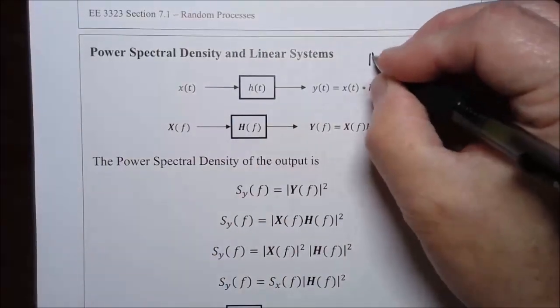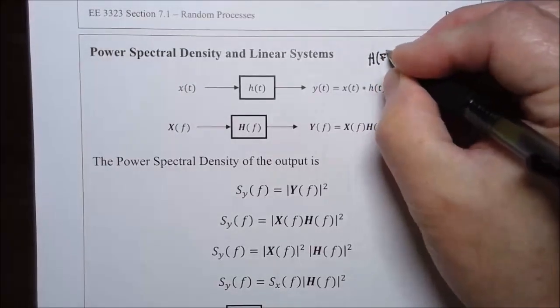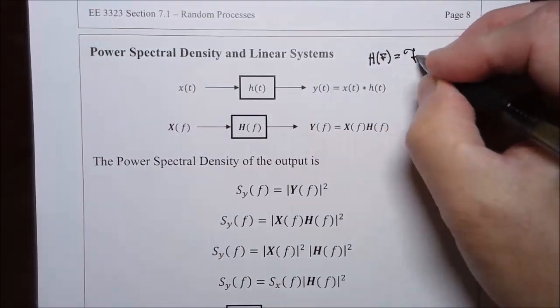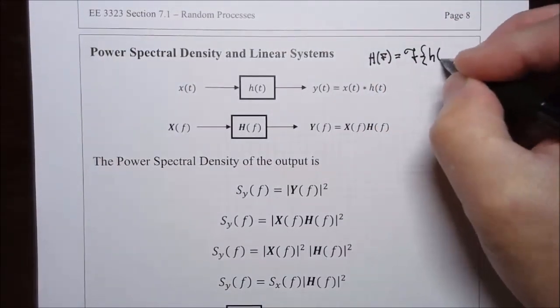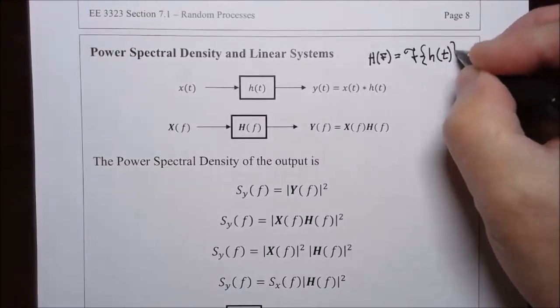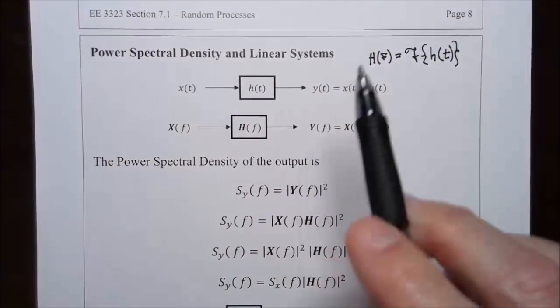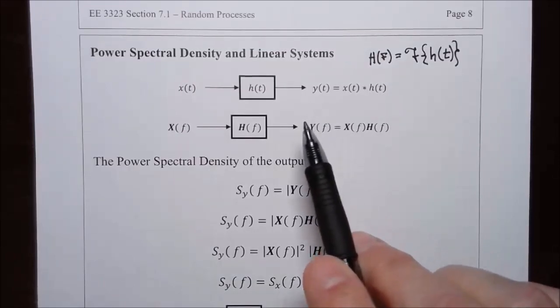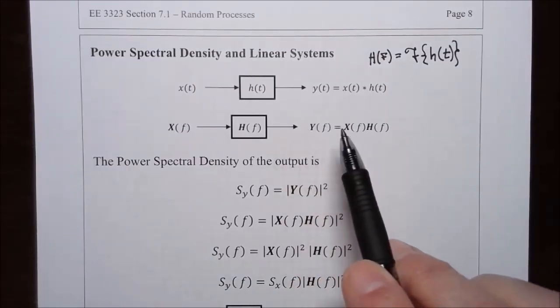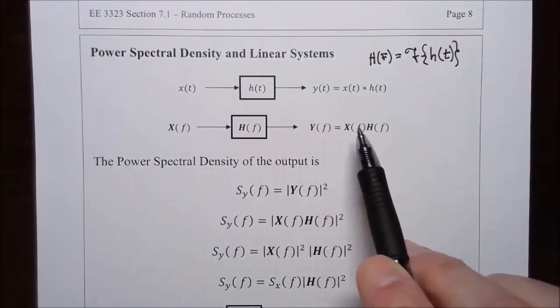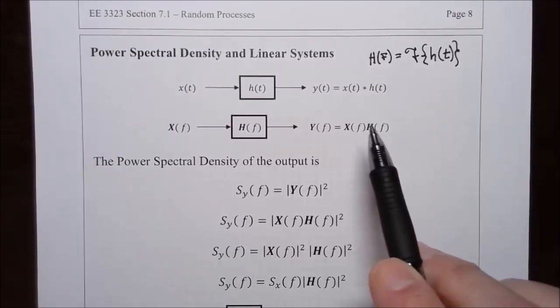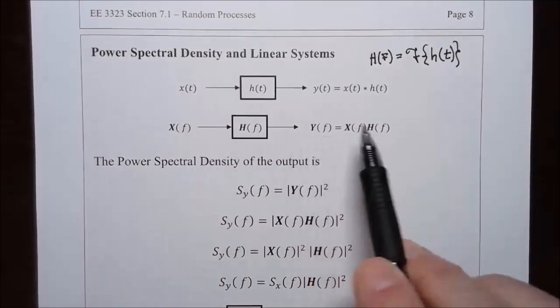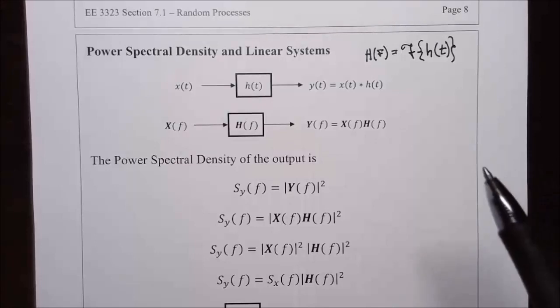Remember that the transfer function is equal to the Fourier transform of the impulse response. And the spectrum of the output signal is equal to the spectrum of the input signal times the transfer function.